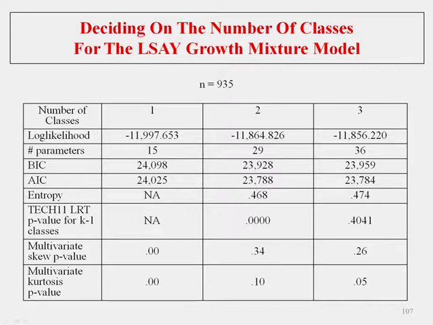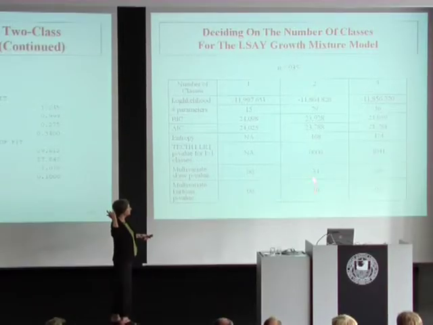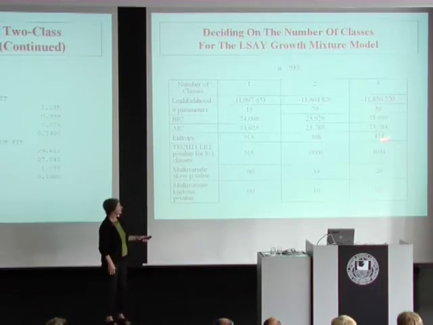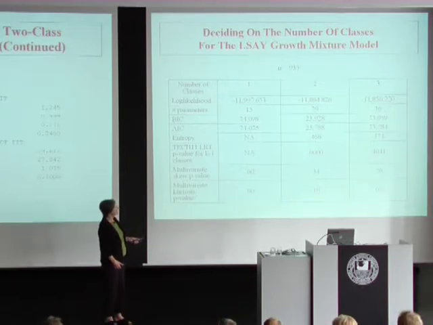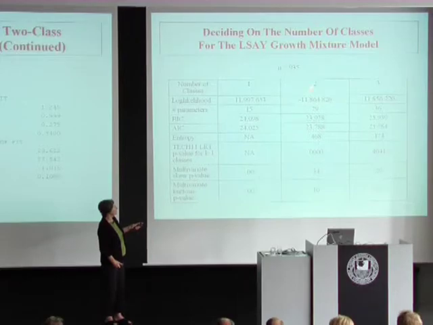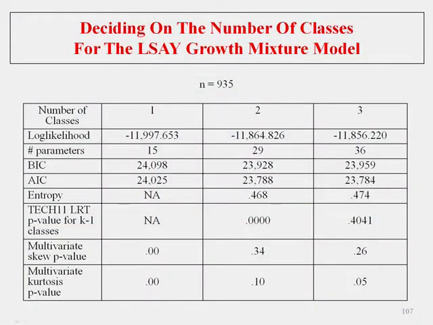Down here, we have the 0.34 and the 0.10 from the left screen. Those values were greater than 0.05 for the class 2 solution, indicating that the class 2 solution would be the correct solution.